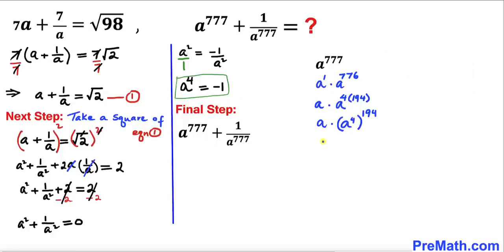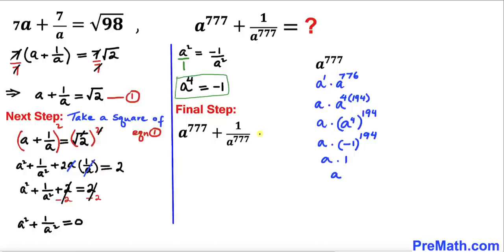So I can write a times, replacing a to the power 4 by negative 1, to the power 194. Now we can see we have a negative 1 and our power is even, so that is going to give us a positive 1. So we end up with a times 1, which is equal to a. Therefore a to the power 777 has been simplified to simply a.